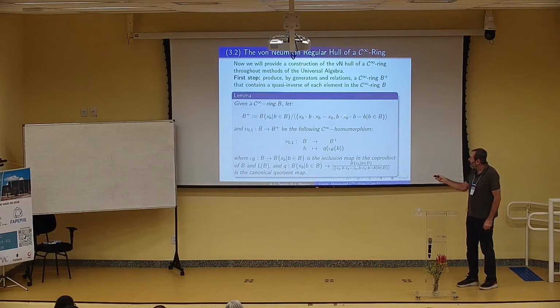Isso para cada b. Então, definimos B+ como essa construção. E usando o mapa de B para esse coproduto e depois o quociente, a gente tem uma passagem desse para esse. Note que aqui dentro, todo elemento b tem o inverso formal, que é a classe do xb.